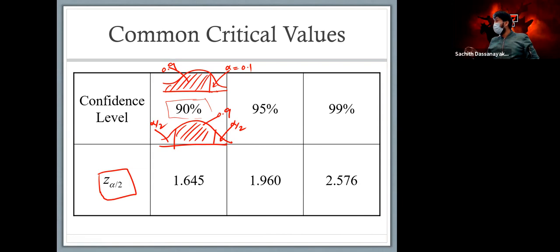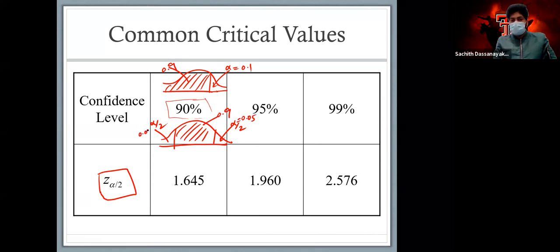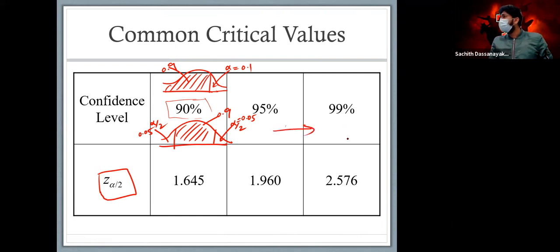Those are equal, alpha over 2. So according to this, each piece equals 0.05. Clear? Same here and same here. You can see from left to right, the alpha value is decreasing.